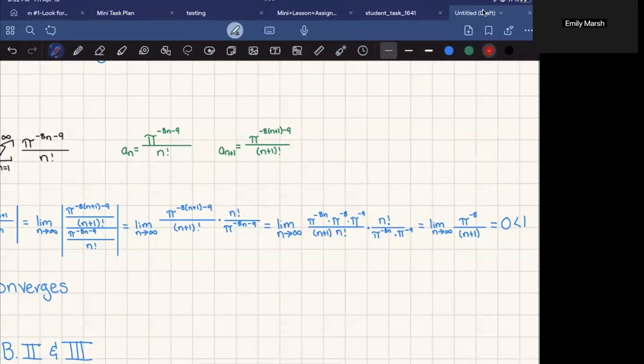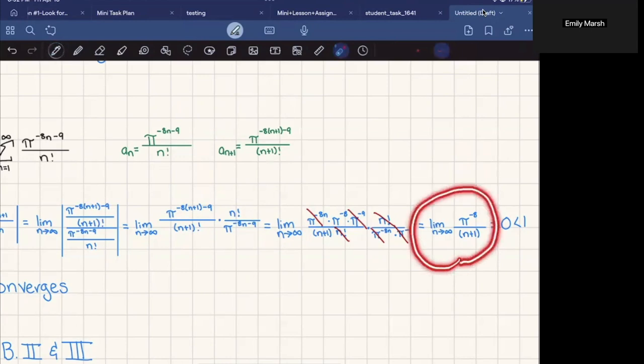So we see that there's a pi to the negative 8n power here and here. There is a pi to the negative 9 power. We can simplify that. And we have an n factorial, which we can then reduce too, leaving us with the limit as n approaches infinity for pi to the negative 8th power divided by n plus 1.